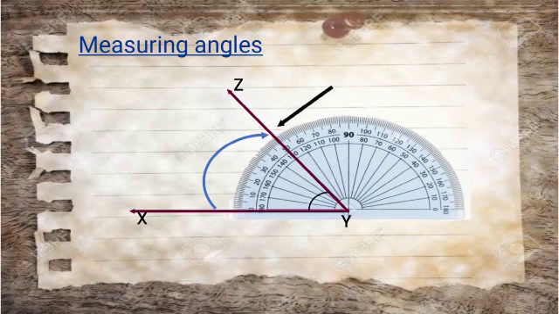As you can see, the arrow indicates and it is exactly 50 degree. So how are you going to write the measurement? Angle XYZ is equal to 50 degree, or if you want you can also write angle ZYX is equal to 50 degree. And students, this 50 degree indicates which type of angle? Correct, this is an acute angle because it is less than 90 degree.